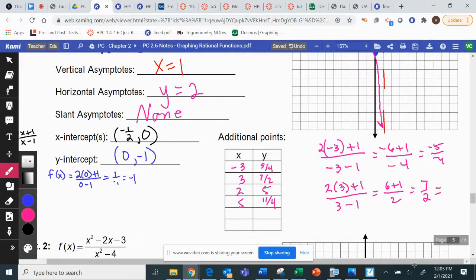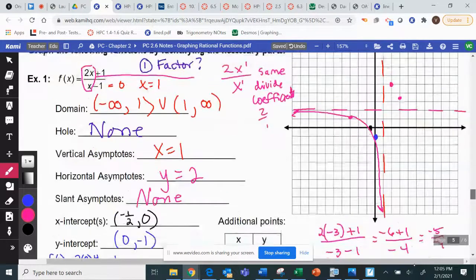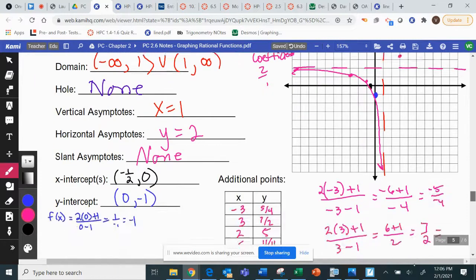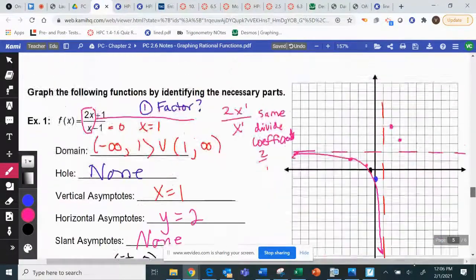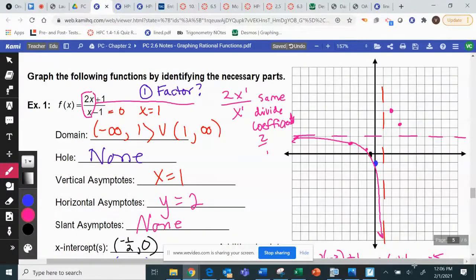And did you get a different one? I did -1. I got 1. Looks about right. And then, I forgot which one you said. You said 5, 11/4. What is that?